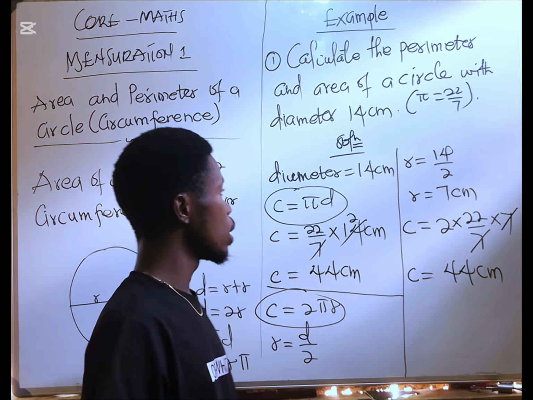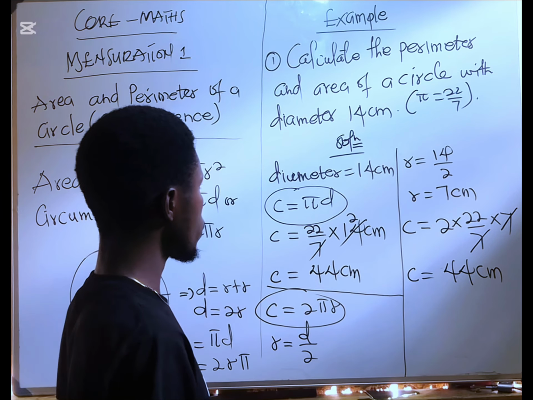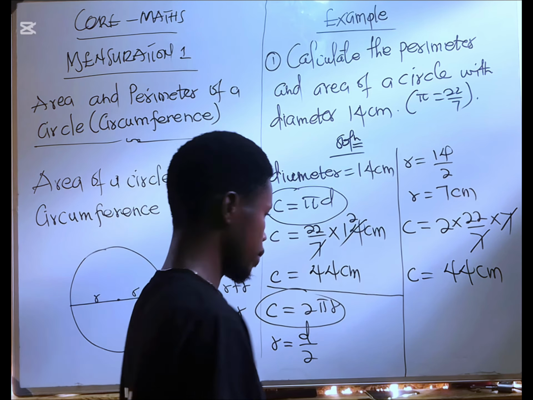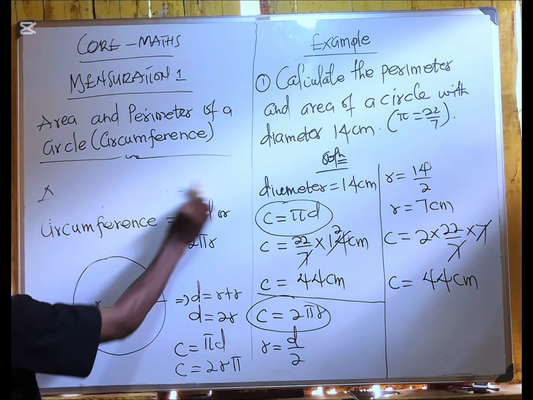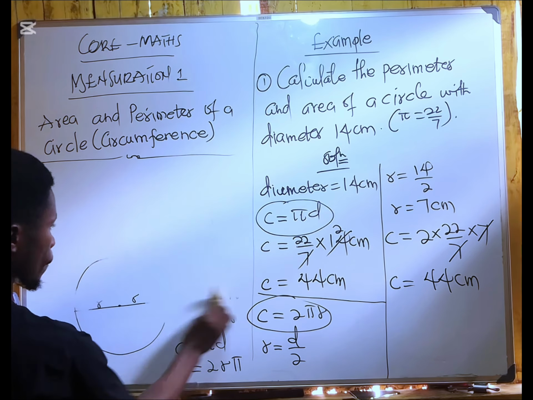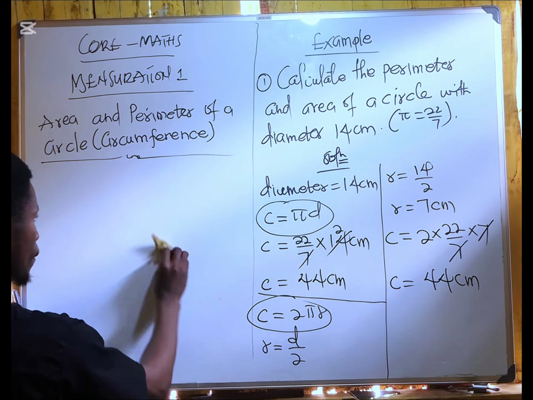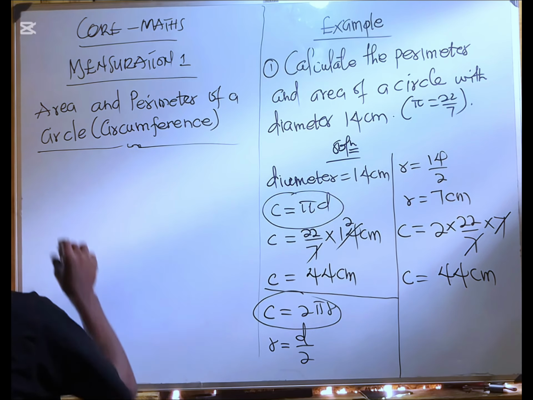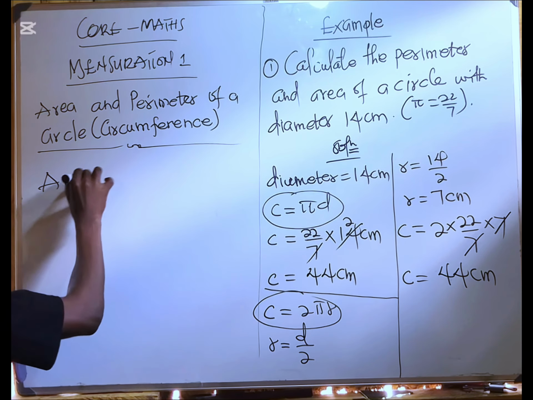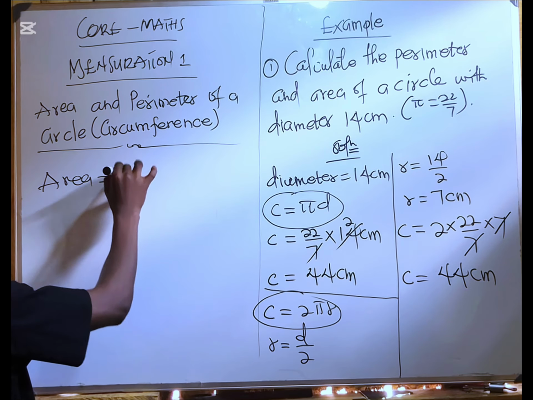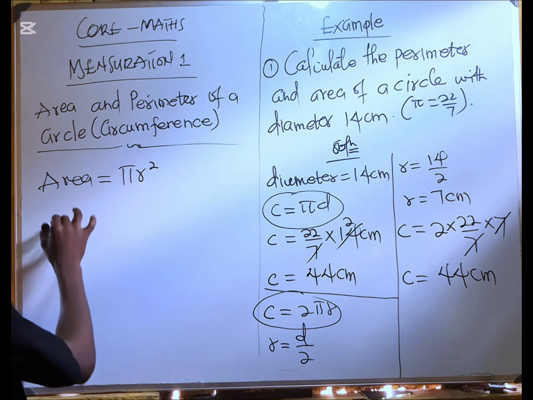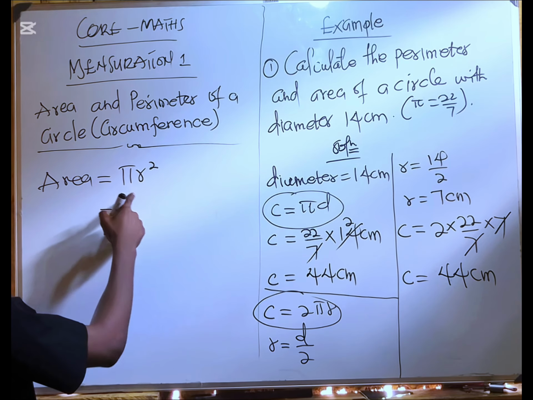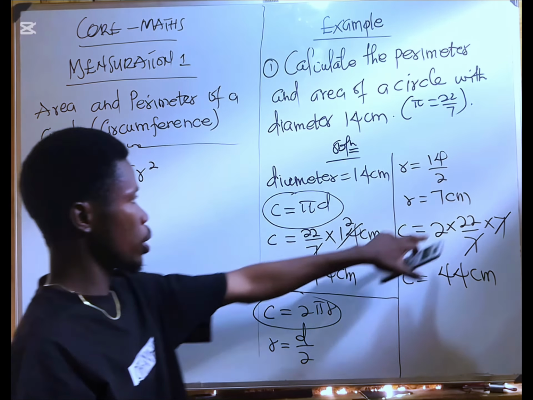Is that okay? Now let's also look at the area. You know that the area is equal to pi r squared. Our radius, which you have worked out, is 7 centimeters.